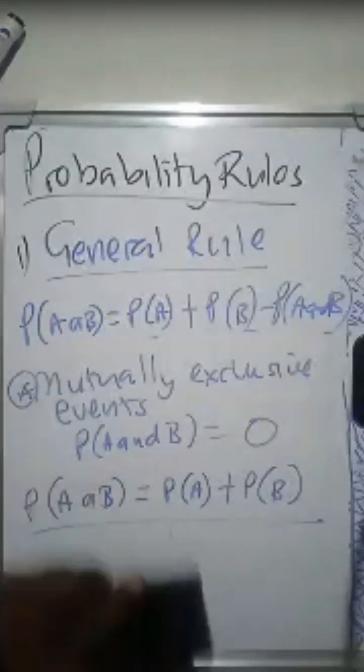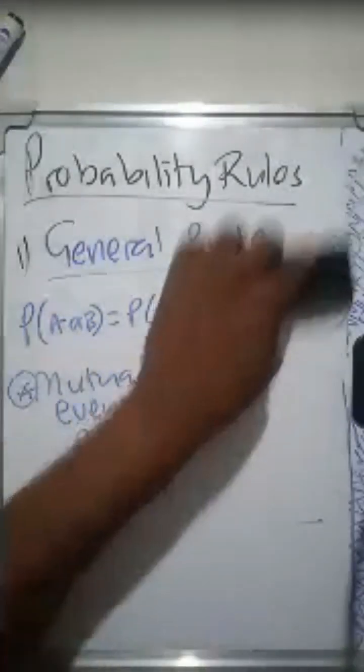Okay, so another rule, let's go to number 2. The second rule that we have is for exhaustive events.